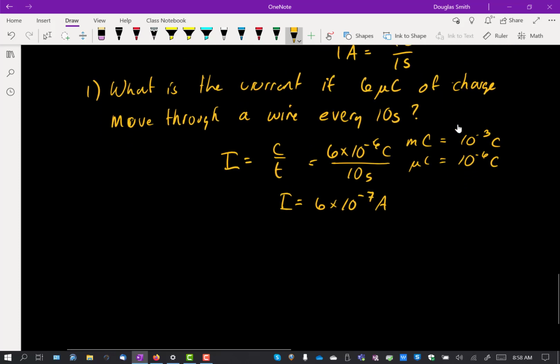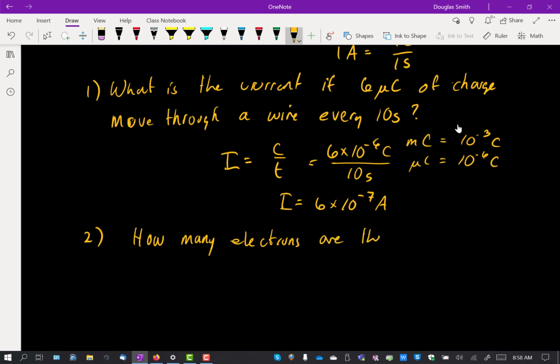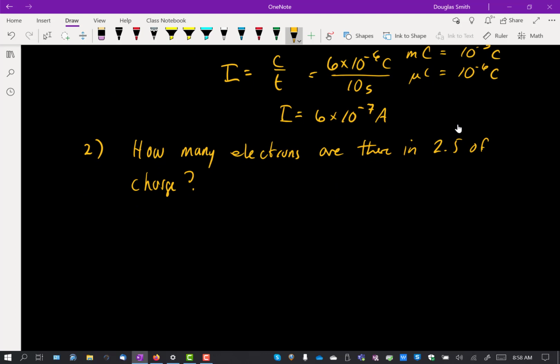Let's do some more practice questions with this kind of stuff. How many electrons are there in 2.5 coulombs of charge? Once again, charge is equal to some number times the charge of an electron.